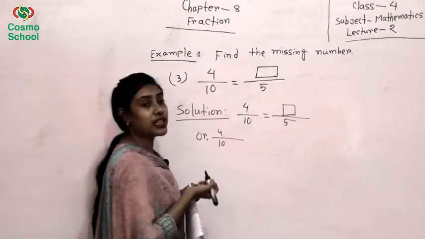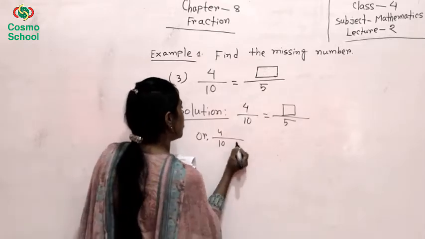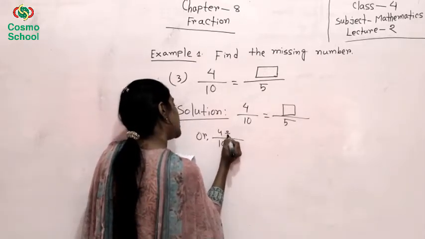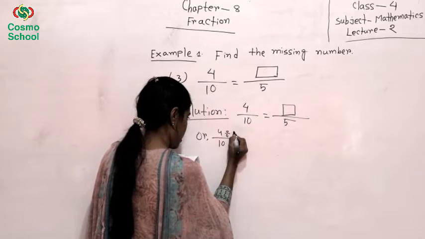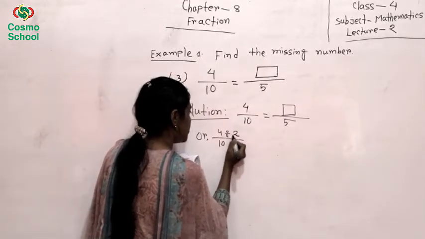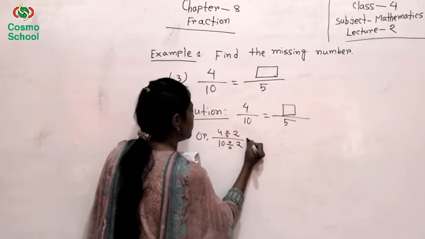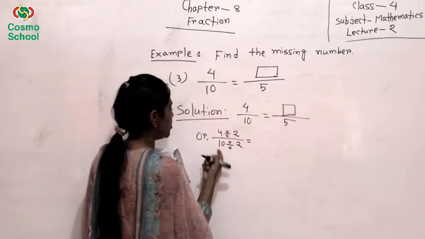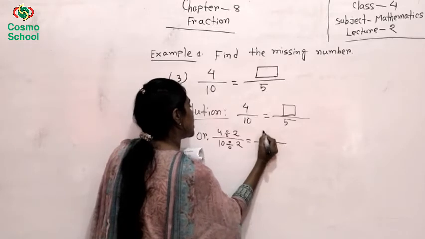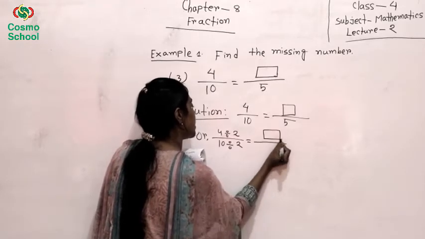I can follow the division rule, step number 2. So I divide by the same number, that is 2, both numerator and denominator, and get the result.